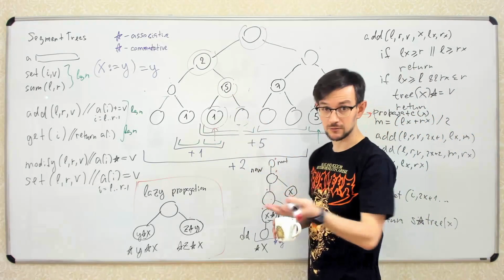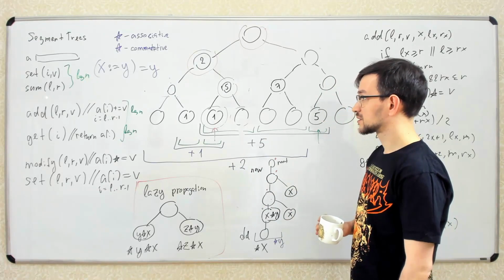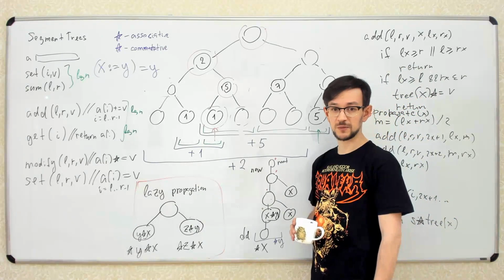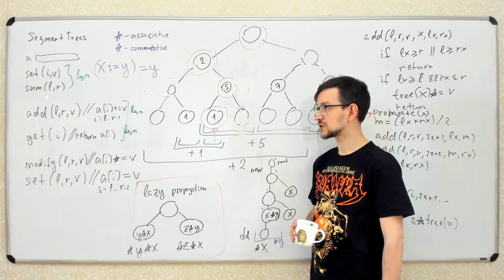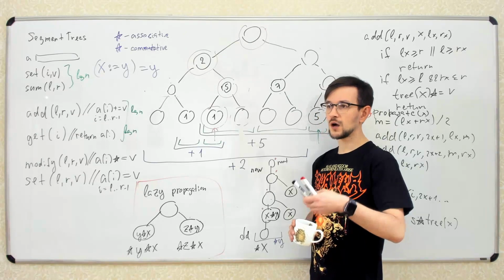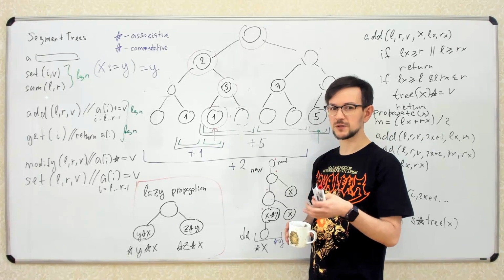This is why it's called a segment tree. Fortunately, there are a lot of different situations when you need to work with segments. In various different problems, when you look at the elements we need to change, they form some segments.